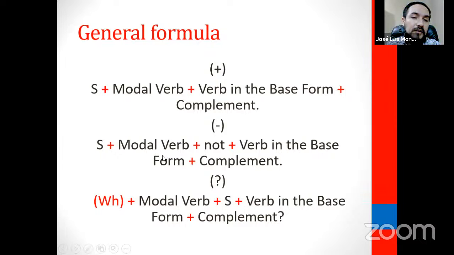Affirmative, the modal; negative, the modal plus not. And the question, right, it always involves the idea of inverting. Okay, that's key when understanding the usage of modals, and actually not just in modals, right? In most of the English structures, we follow inversion for questions.